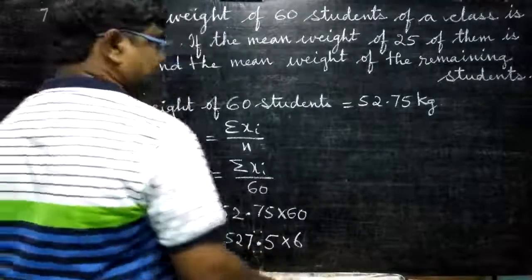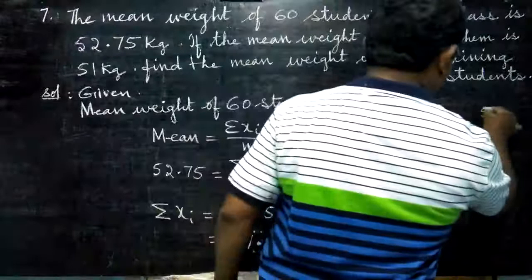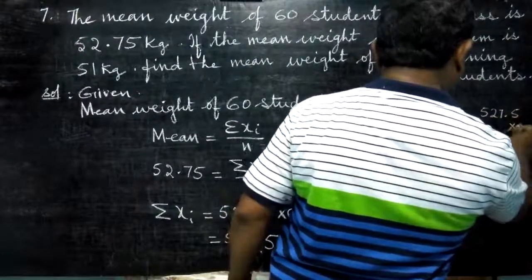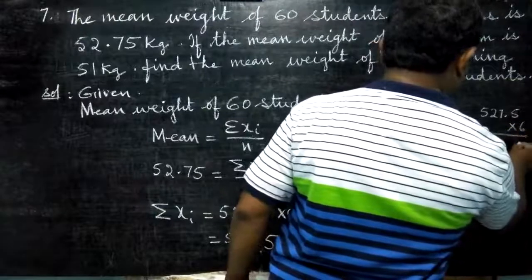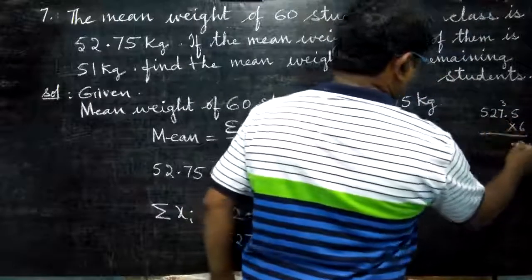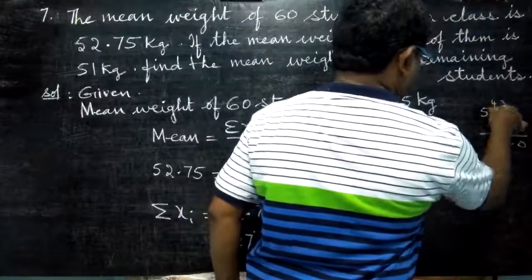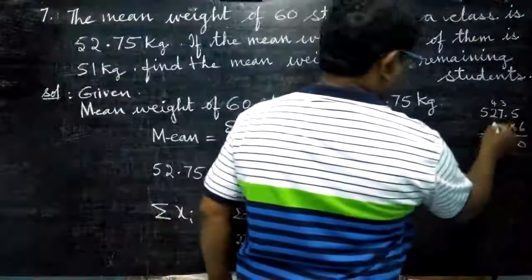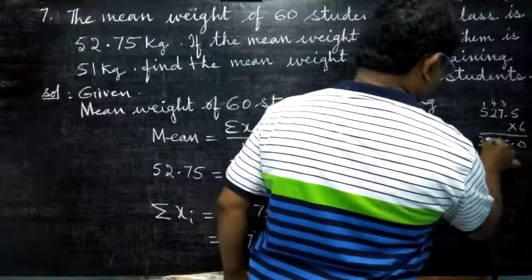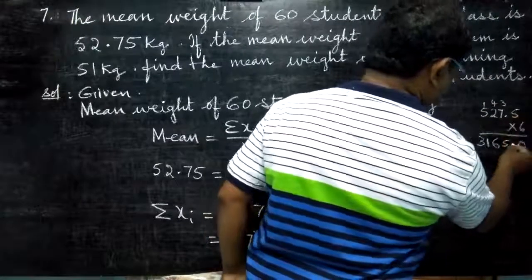Now multiply: 527.5 into 6. 6 times 5 is 30, 3 carried, 42, 45, 4 carried, 12, 16, 31. After one digit you keep the decimal.